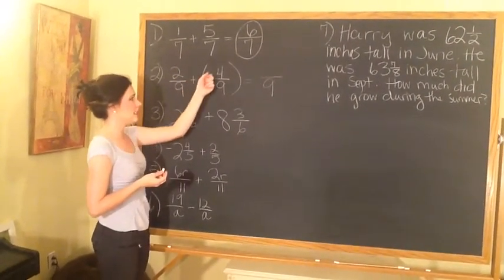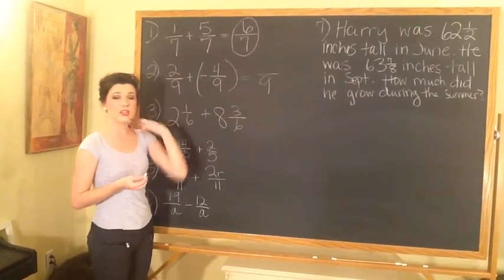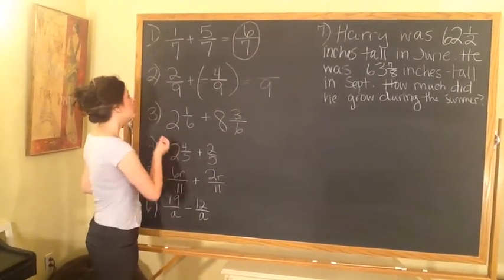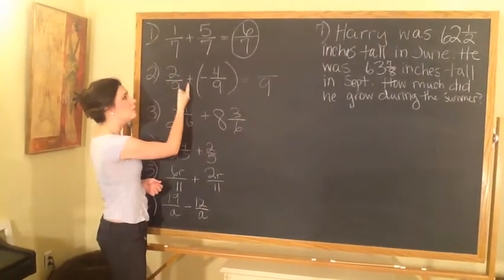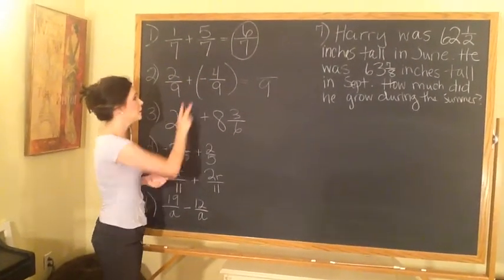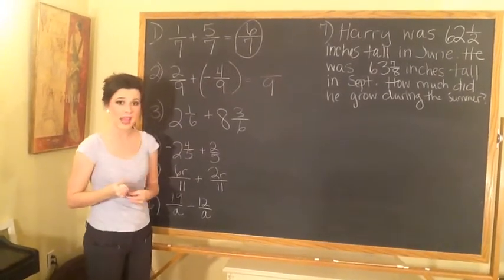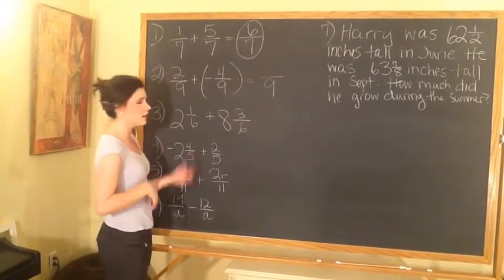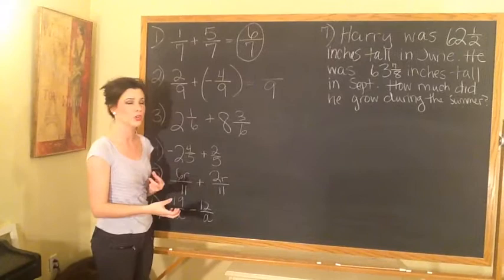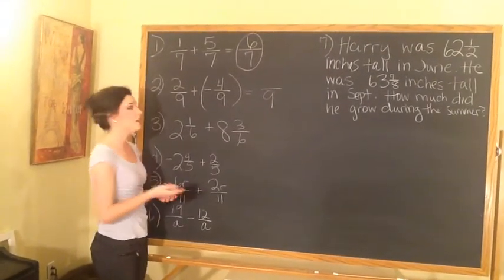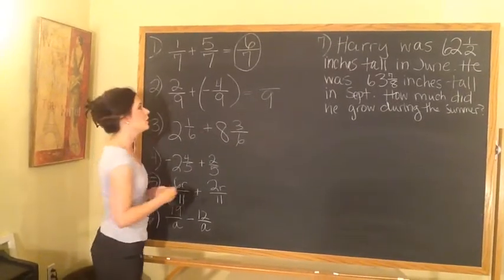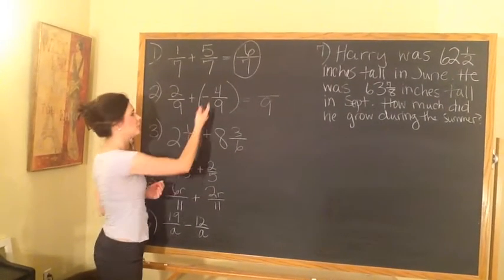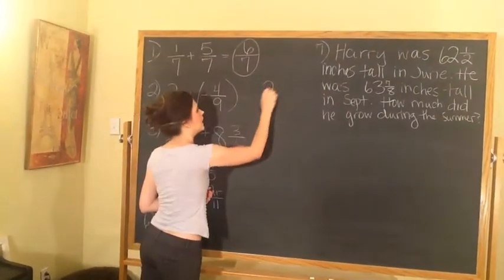2 plus negative 4. You can think of it several ways. You can think of it as 2 plus negative 4. You can think of it as 2 minus positive 4, because you can flip these two around, and it's okay as long as it's one positive and one negative. It doesn't matter which order. So we're going to subtract the two numbers, and you'll get 4 minus 2, which gives you 2.